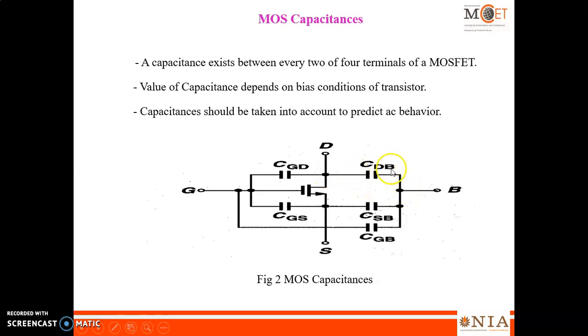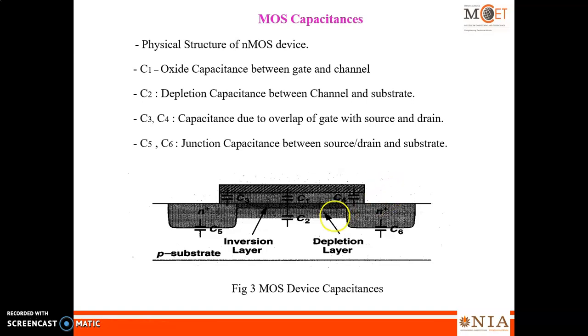Here also you can find one capacitance denoted by CDB. So between every two terminals of this 4-terminal device you can find one capacitance. Now we will see the capacitance associated with MOSFET considering the physical structure of the MOSFET.